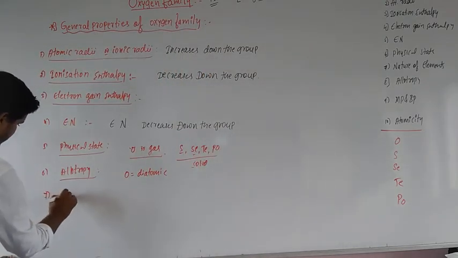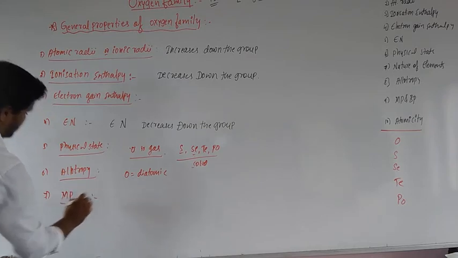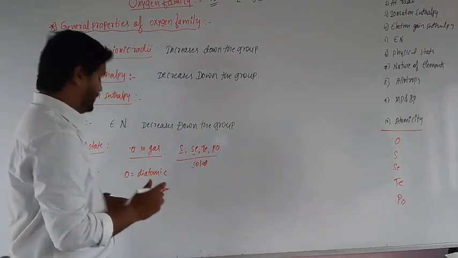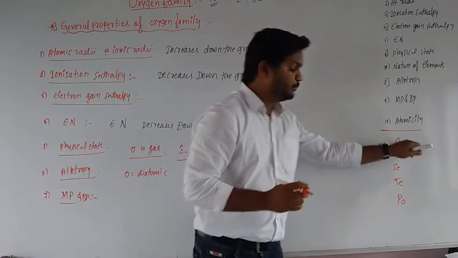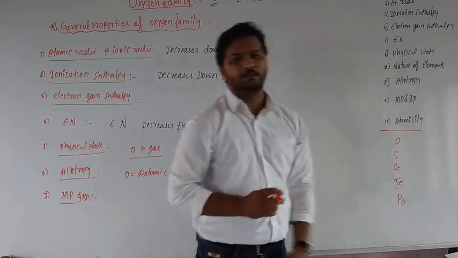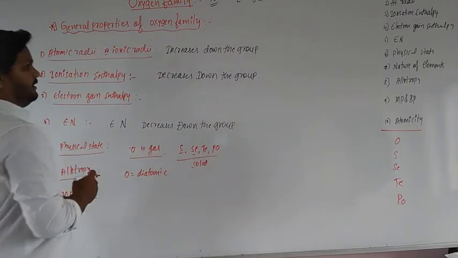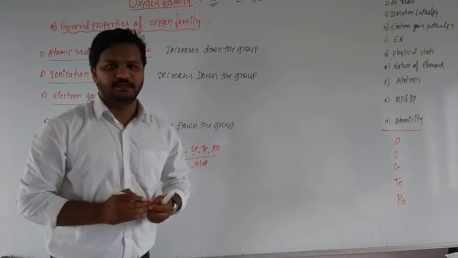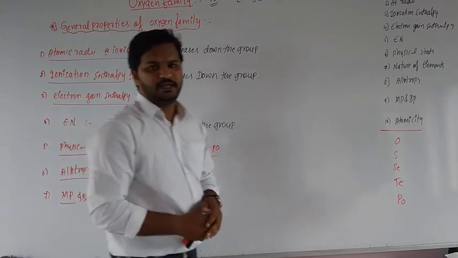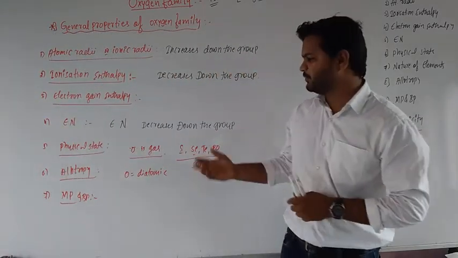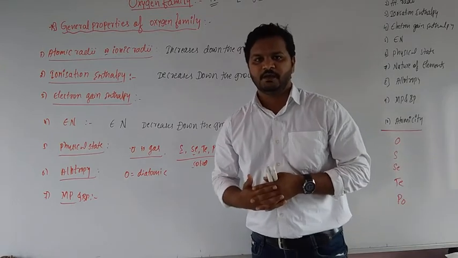Group 16 members show high melting and boiling points, which increase along the group. Next, atomicity: oxygen is diatomic, whereas other family members are polyatomic.